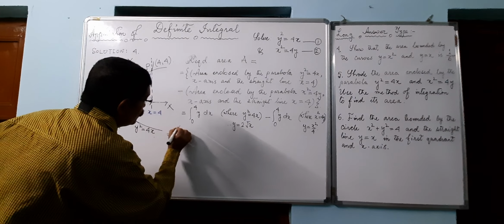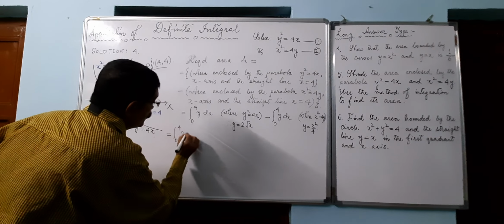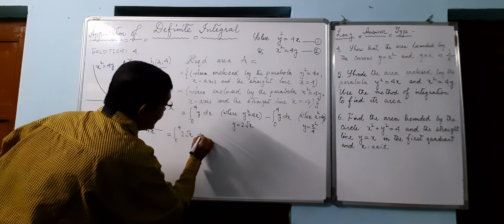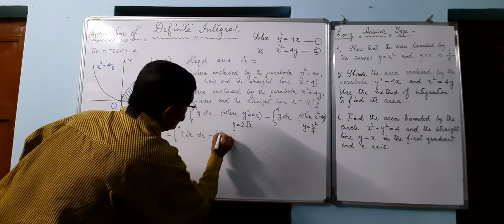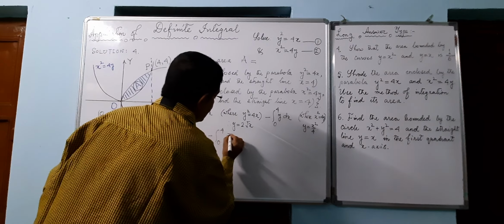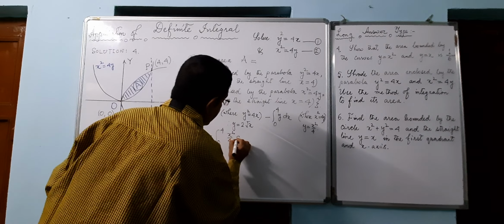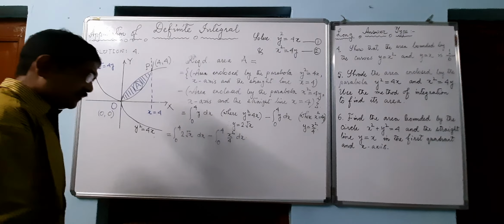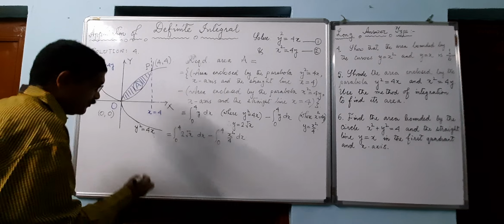So, the integral from 0 to 4 of 2 root x dx, minus the integral from 0 to 4 of x square by 4 dx, and we proceed further with the simplification.